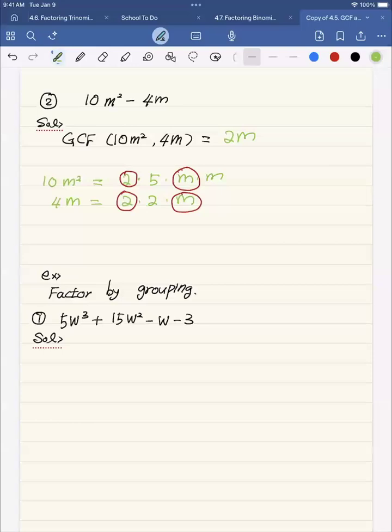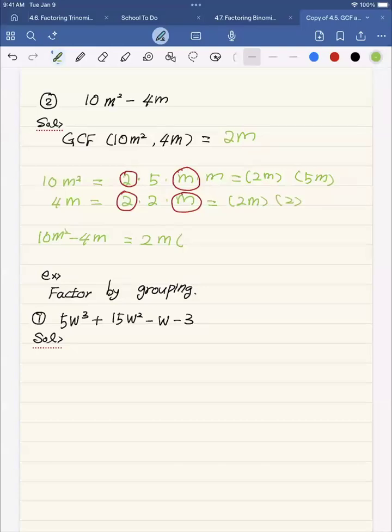That means we have to take out 2m to factor 10m squared minus 4m. Let's take that out. Here in 10m, we can reorganize to write 2m times 5m. In the second one, we can rewrite it as 2m times 2.